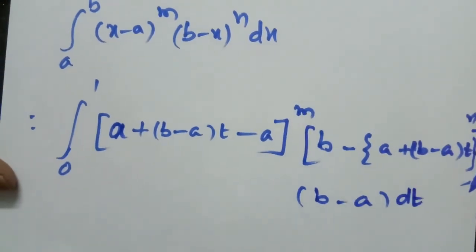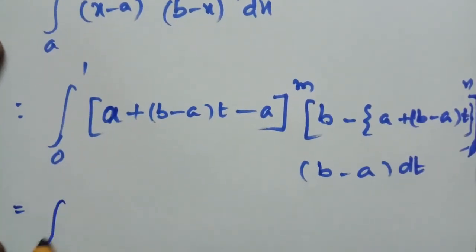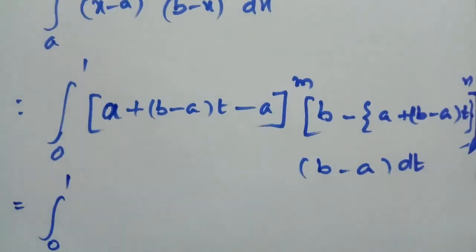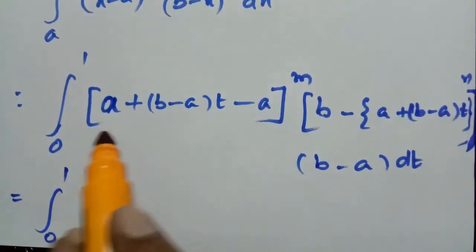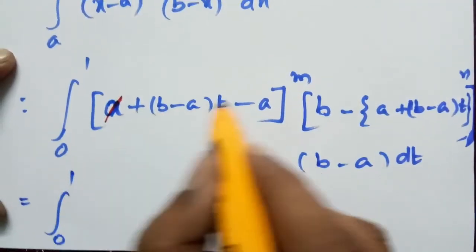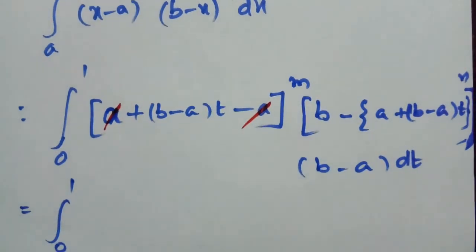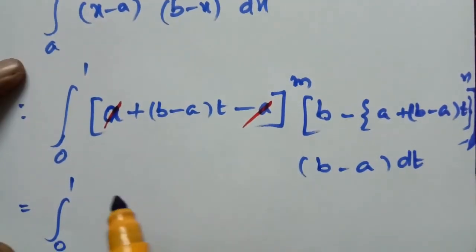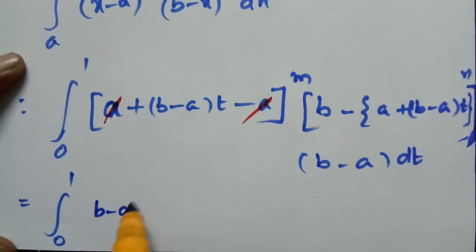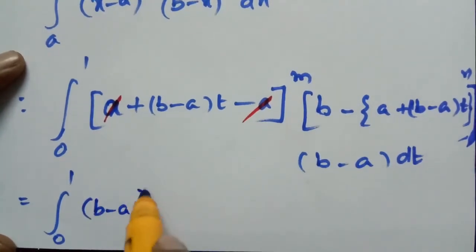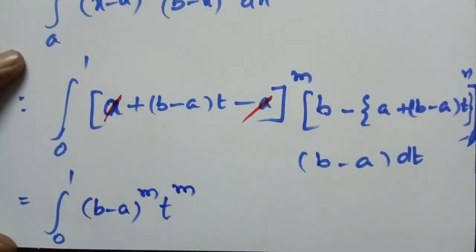Now simplify this. This is equal to integral 0 to 1. Now plus a minus a gets cancelled. So b minus a whole to the power of m into t to the power of m.